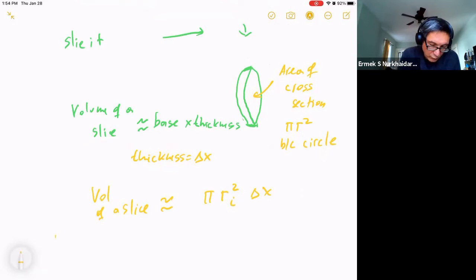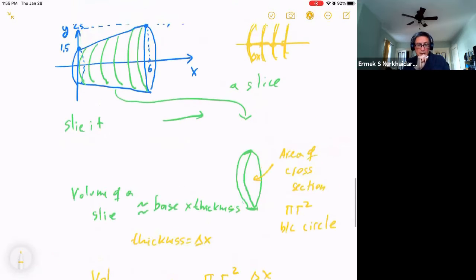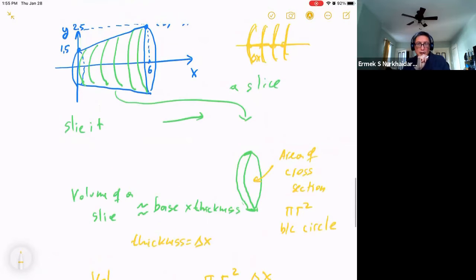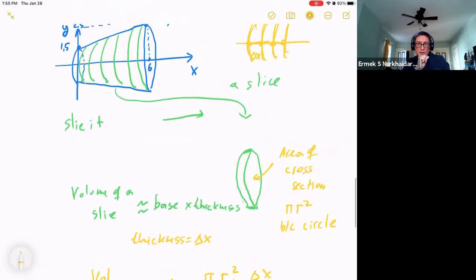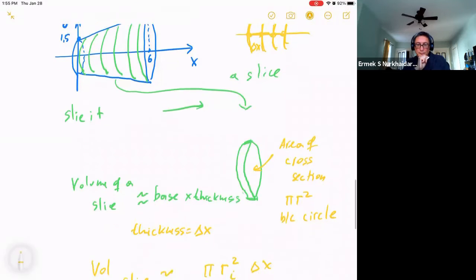So then I got total volume approximately equal to the sum, i from 1 to n, of pi r_i squared delta x. So again, I sliced it, I pay attention to one particular slice, I approximate the volume of it.